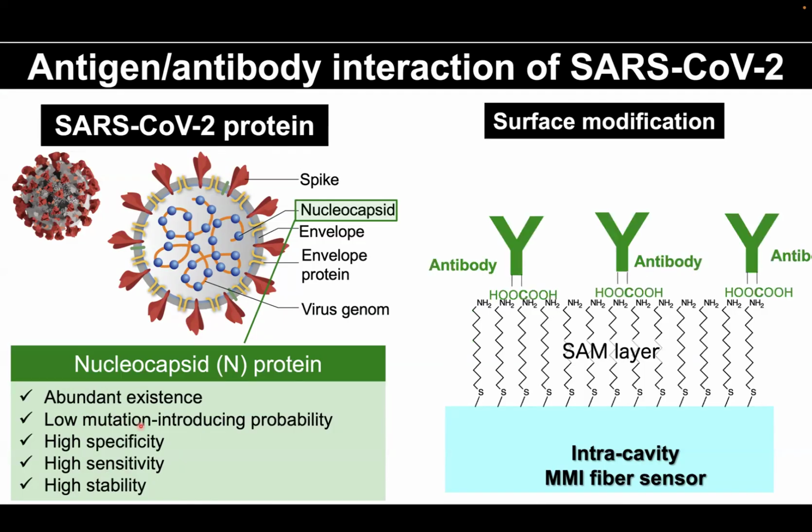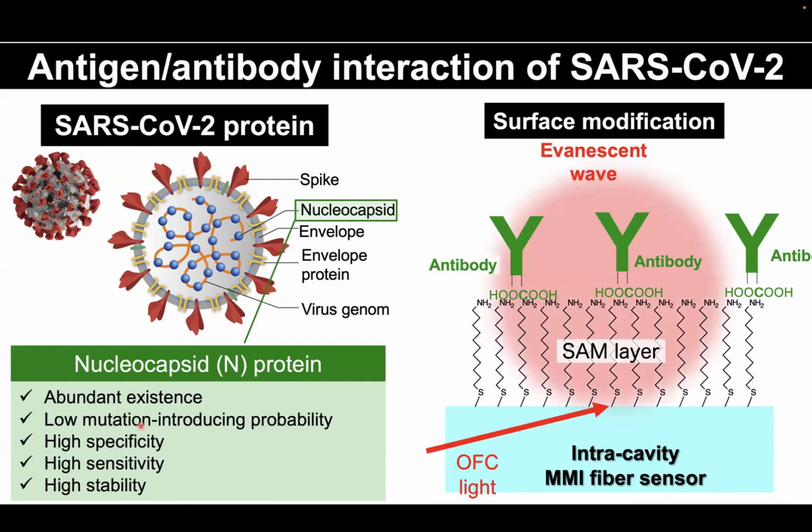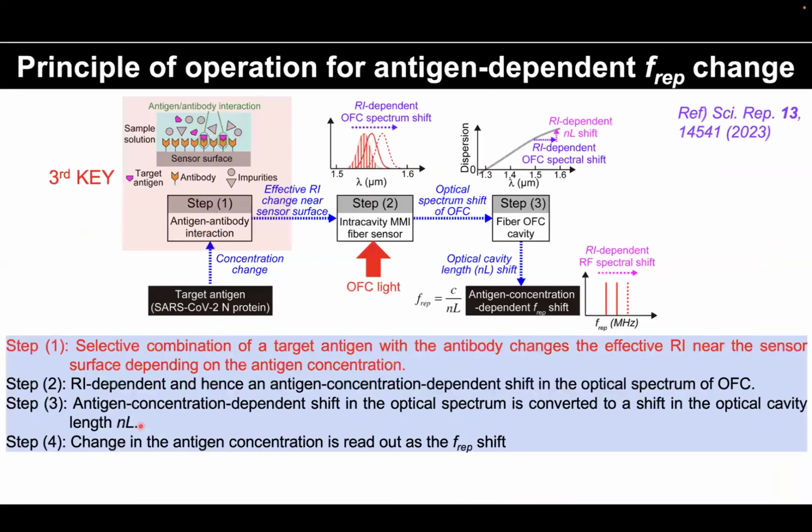Then the OFC light induces an evanescent wave near the sensing region. If the N protein antigen is combined with the corresponding antibody, like here, the OFC light is influenced depending on the antigen concentration. Then we place this MMI fiber biosensor in the fiber OFC cavity.